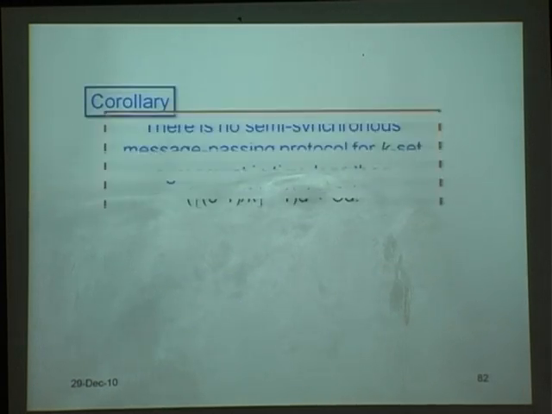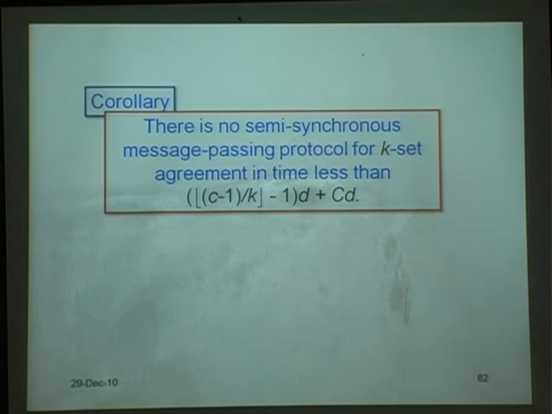So the corollary, and this one is the actual result, is that there's no semi-synchronous message-passing algorithm for k-set agreement in time less than the core size divided by k, minus 1, times d. These are the rounds plus a single timeout.